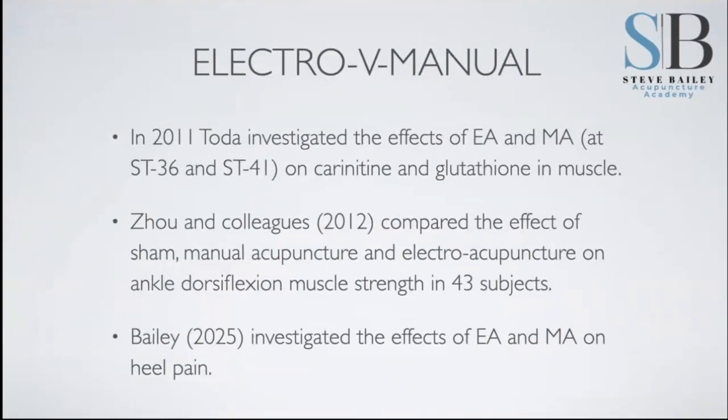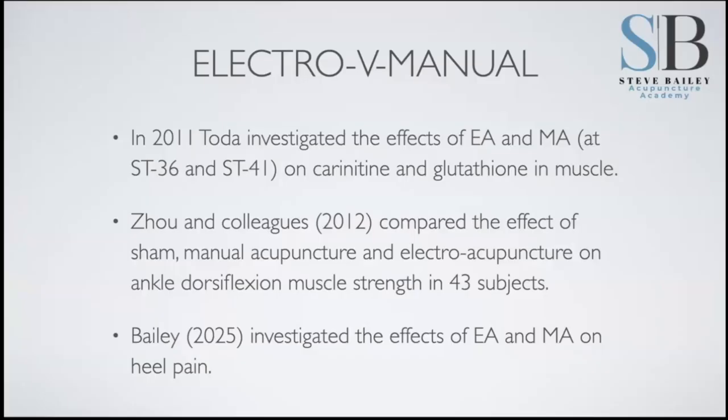So again, if you start looking at muscle strength, for example, Toda in 2011 investigated and compared the effect of electro and manual acupuncture, mainly looking at the effects on carnosine and glutathione in muscles.